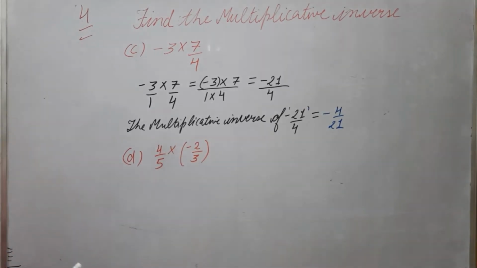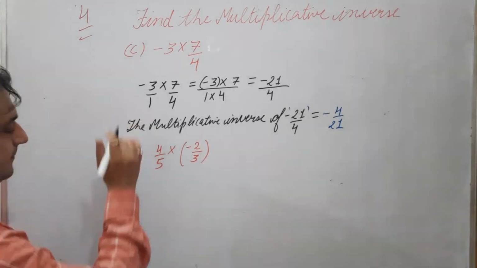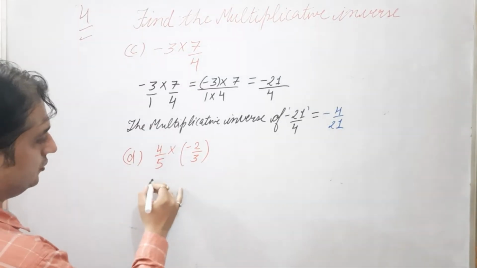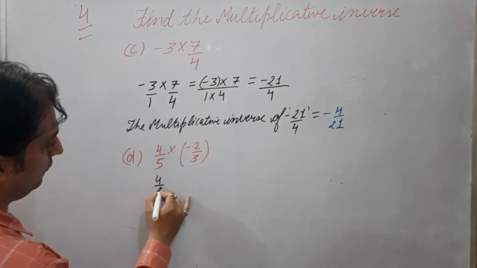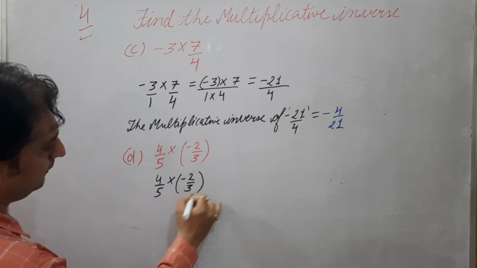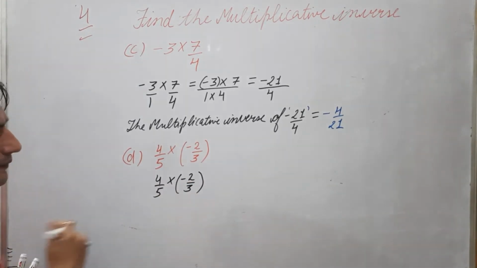Right? So firstly take the product, same steps. Firstly take the product. So product is 4 upon 5 multiply minus 2 upon 3, positive rational number and negative rational number.